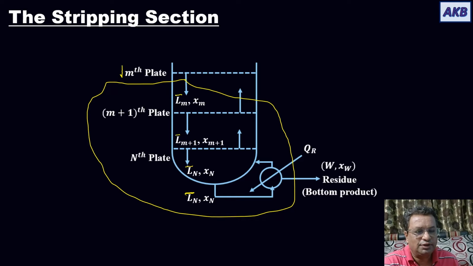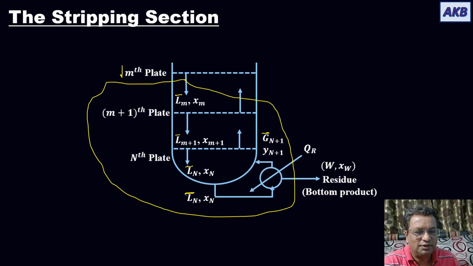In the reboiler, heat is added at the rate QR, which creates vapor phase. So the vapor phase leaving the reboiler is identified. The vapor flow rate for the vapor leaving the reboiler is G bar N+1. Mole fraction of A in it is YN+1.